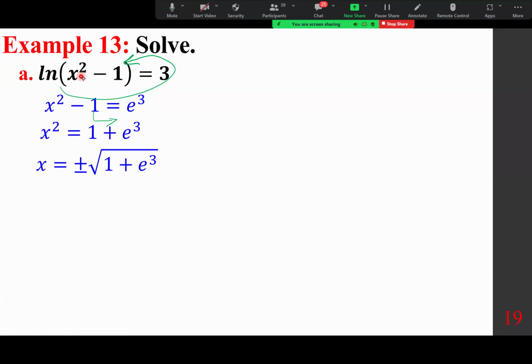We are solving for x. This means x is ln of 1, which is 0. This means x is ln of 2. I know that that would help, so.